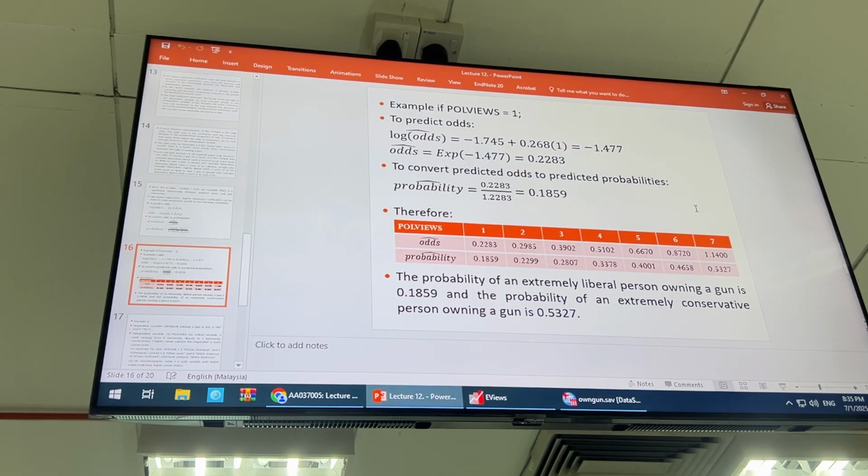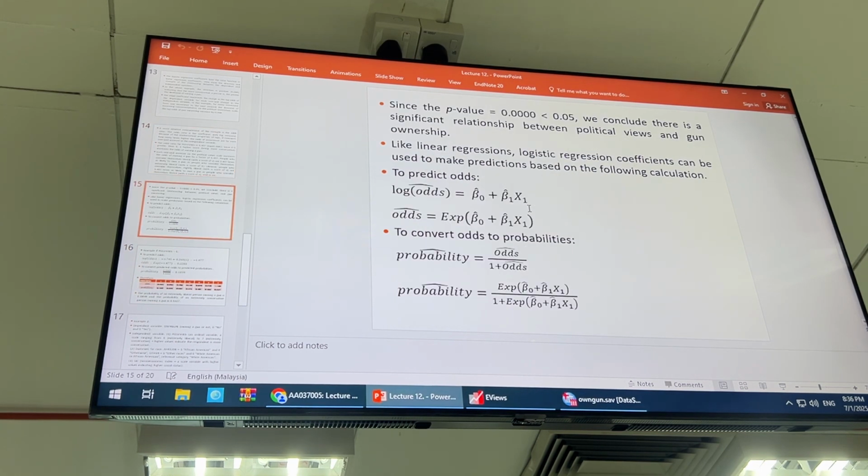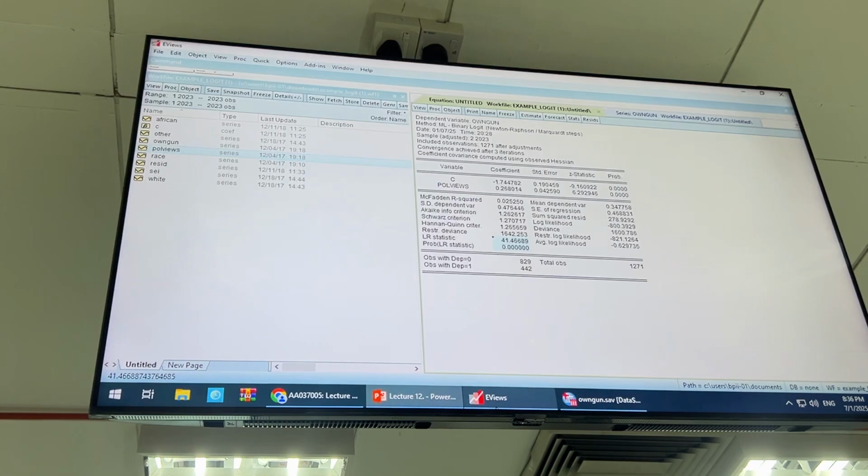So you want to know, for any person who is extremely liberal, what is their odds ratio of owning a gun, and then from there you can calculate the probability. So what is the probability of that person owning a gun? Okay, so you first need to calculate the fitted value when your variable, the political view, equals 1. You calculate this based on the estimated equation, the estimated model that we have just now.